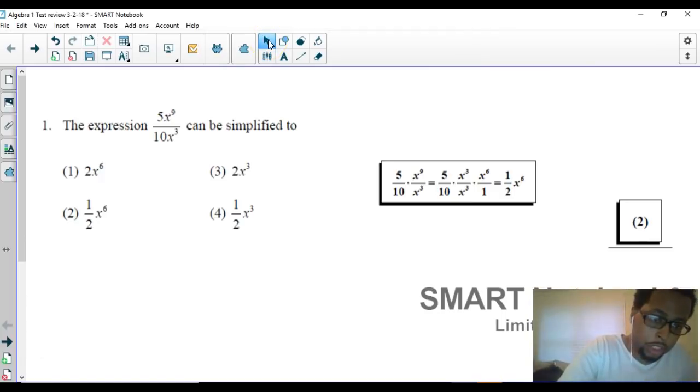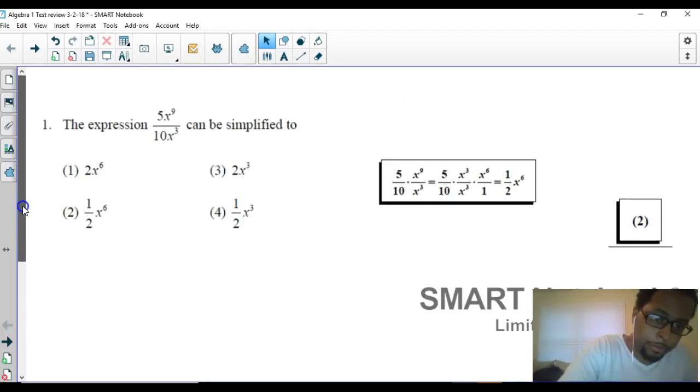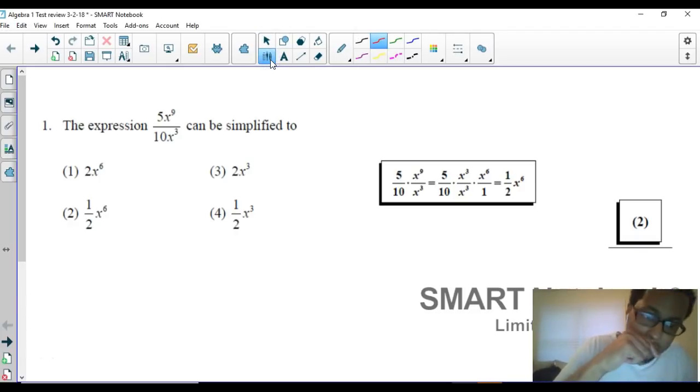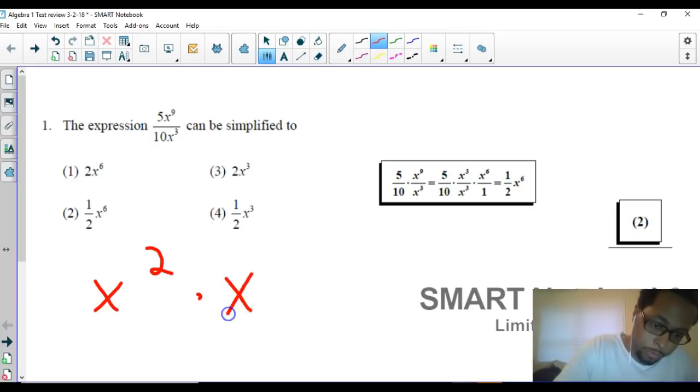So let's look at question number 1. The expression 5x to the 9th power divided by 10x to the 3rd power can be simplified to... So guys, this is a simplification question. Remember when you have exponents, it's just the rule.